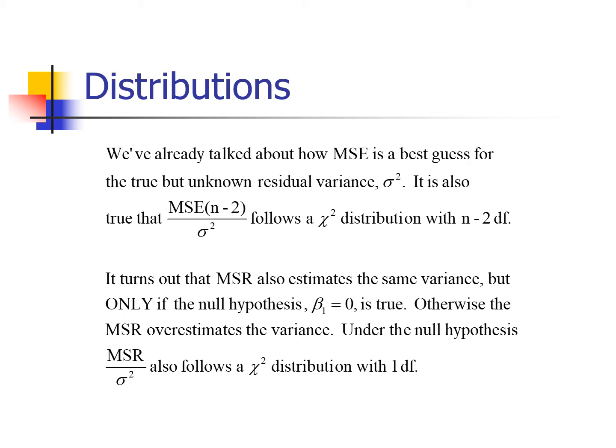The null hypothesis is that the slope is equal to 0. The alternative hypothesis is that the slope is something other than 0. So when the null hypothesis is true, MSR estimates the same variance. If the null hypothesis is not true, the MSR overestimates the variance.